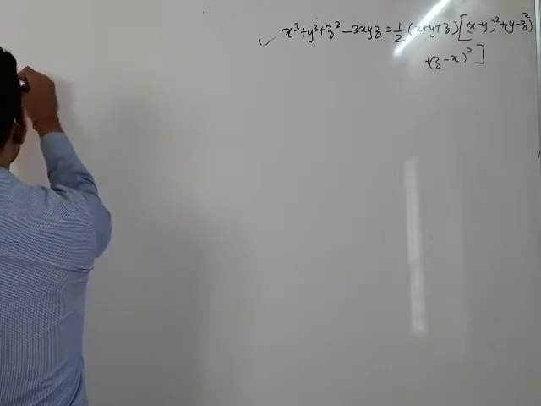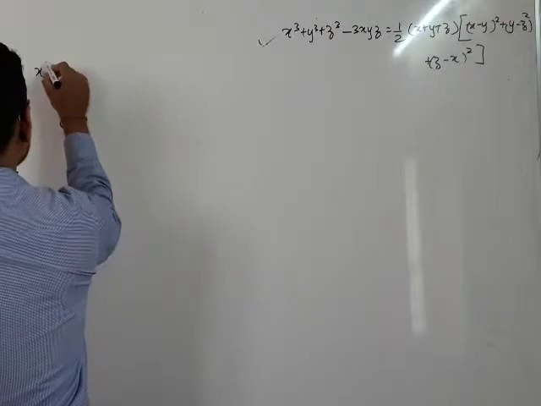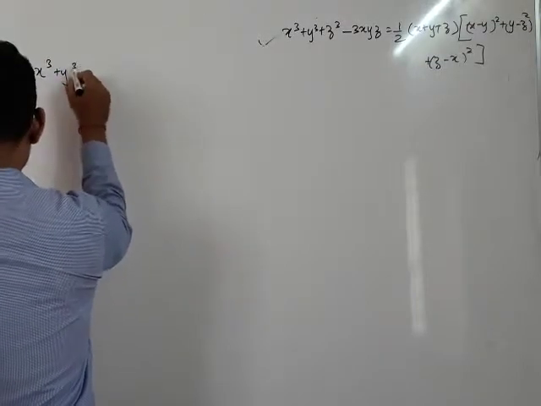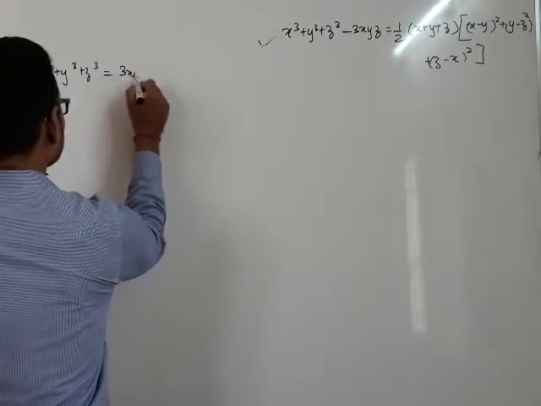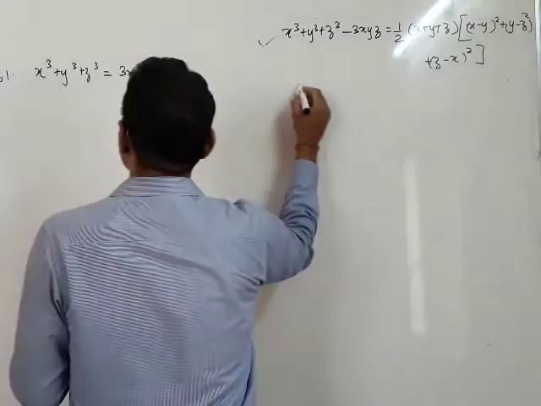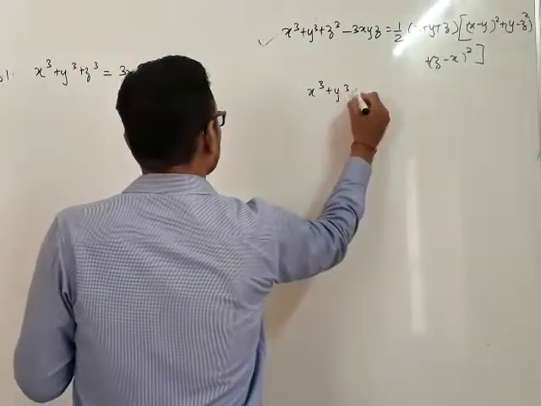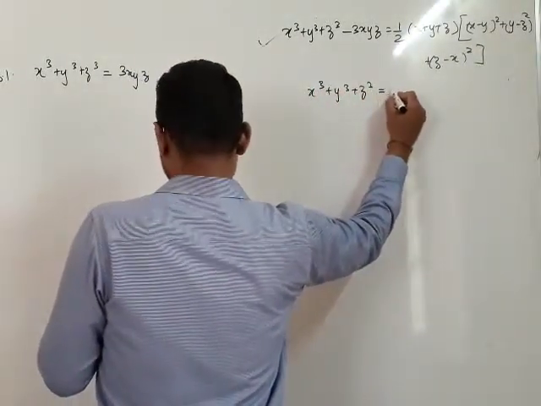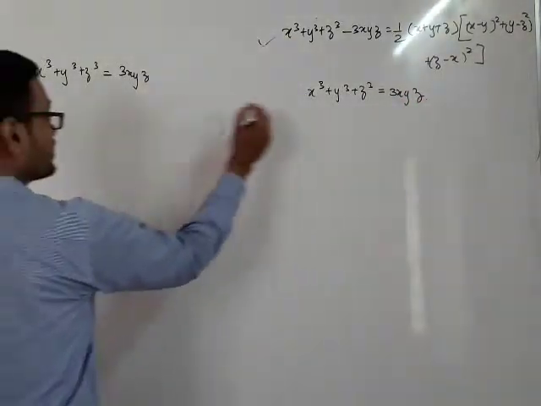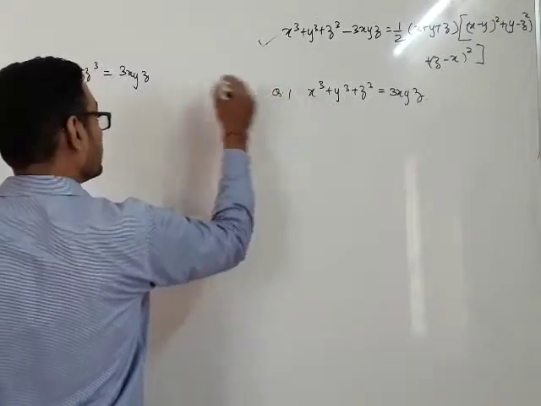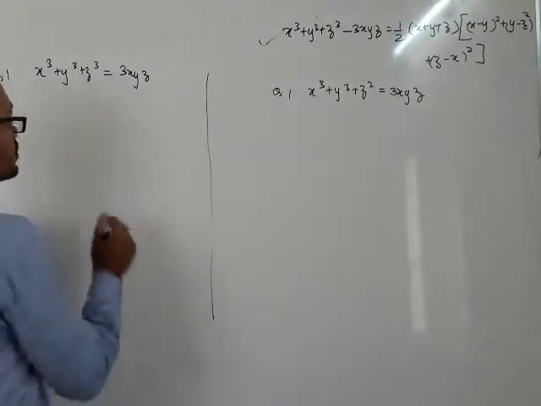So it's question number 1 of this type 2, where it is given as x cube plus y cube plus z cube is equal to 3xyz. I'll write it. The moment you see this, it is the same question. I'm doing it in two different ways, because two conditions are possible.